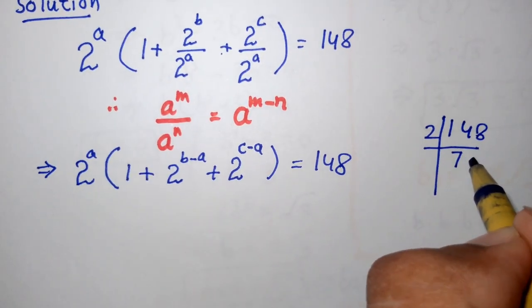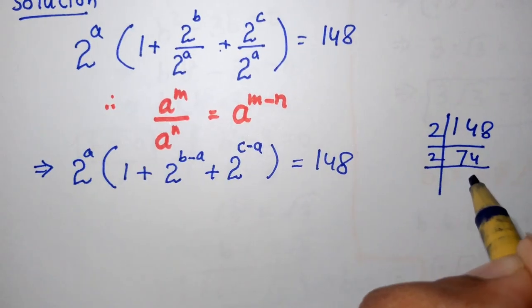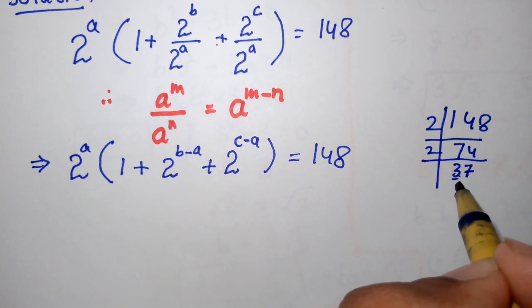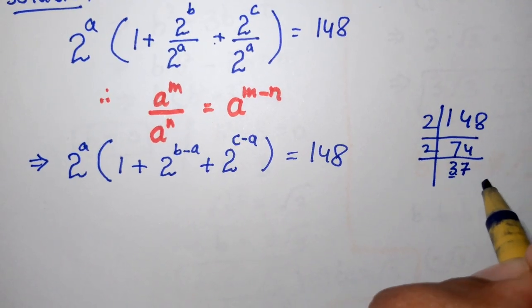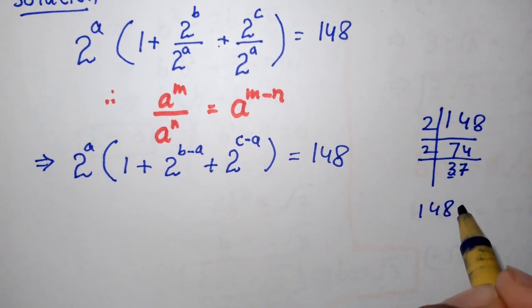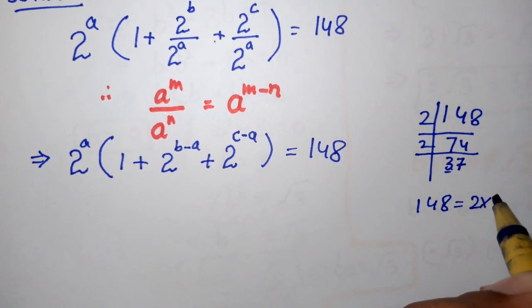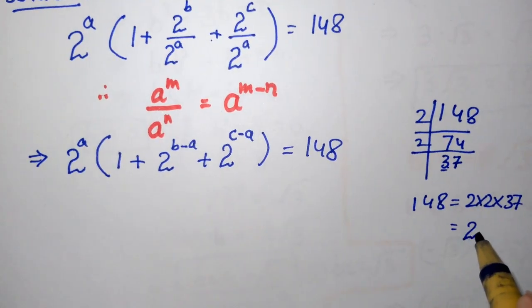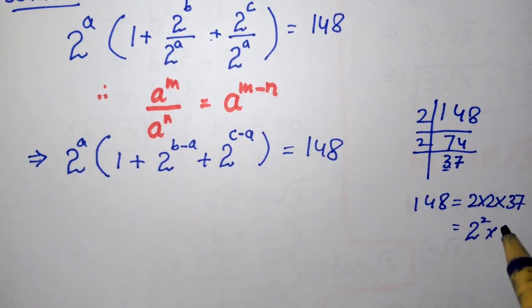Now we have to factorize 148. 148 divided by 2 is 74, divided by 2 is 37, and 37 is prime, so it is not divisible by any other number. So the factorization of 148 is 2 multiply 2 multiply 37, which is equal to 2 to the power of 2 multiply 37.